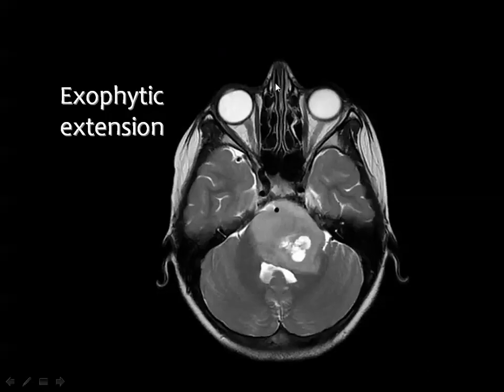Then this MRI T2 weighted image shows one of the most characteristic features of brainstem glioma, which is exophytic extension of the tumor. And here you can see that the tumor extends exophytically, filling the prepontine cistern anterior to the basilar artery, which is usually displaced posteriorly.